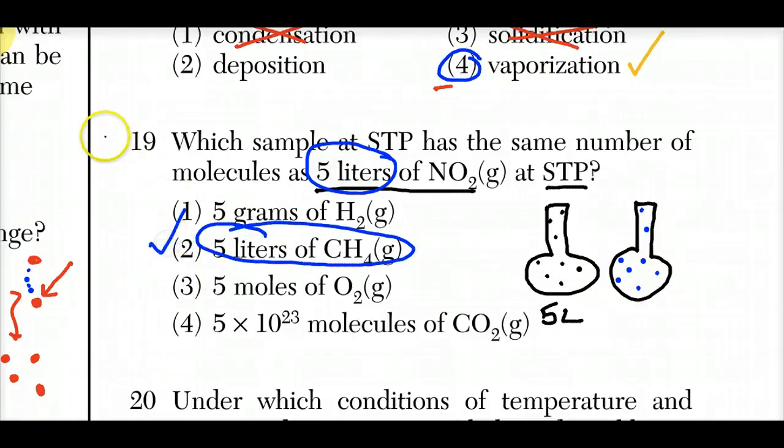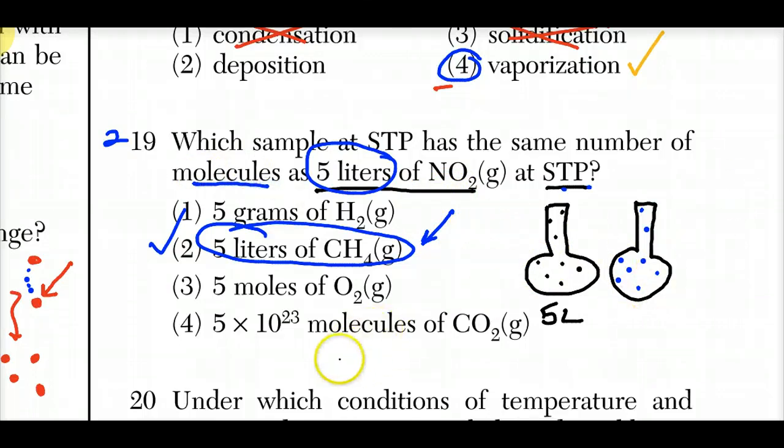Okay, that's all that is. Same volume, same temperature and pressure, same number of molecules. They're not going to be the same atoms because we notice in one particle there's 3, 1 N and 2 O's, and in one of these particles there's 4 H's and 1 carbon. So it's not going to be the same mass, not going to be the same atoms, it's going to be the same volume, same number of molecules, Avogadro's hypothesis.